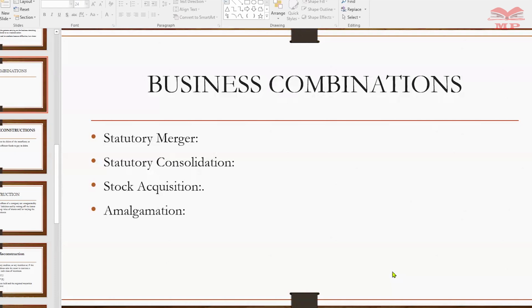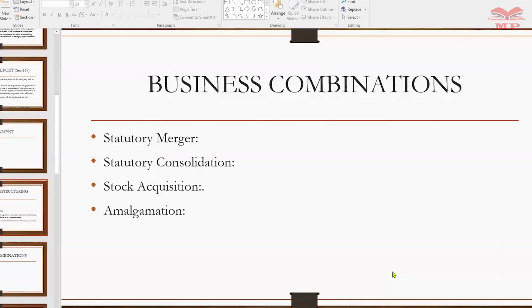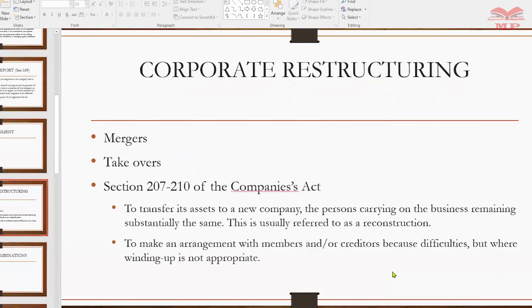So essentially, when we talk about corporate reconstructing, there are two companies. Their interests may be diverse or they may be similar. They may be carrying on the same nature of business.